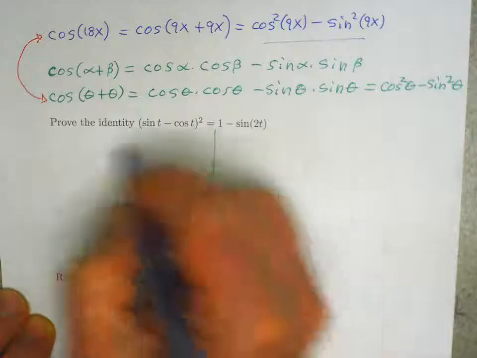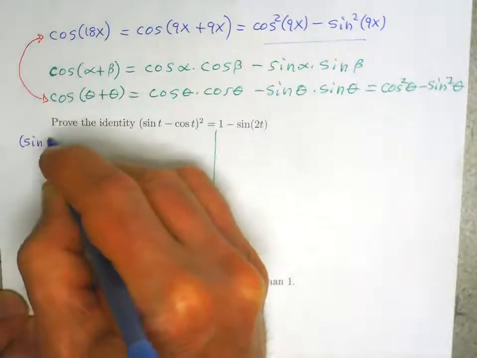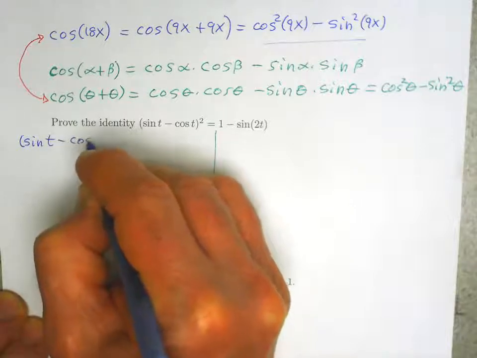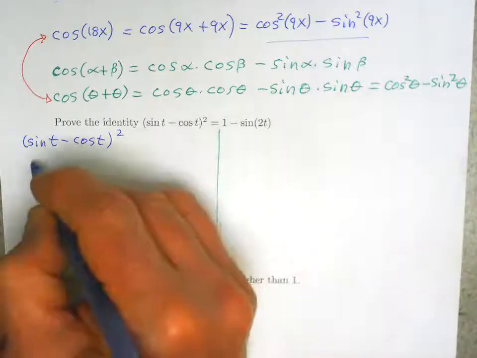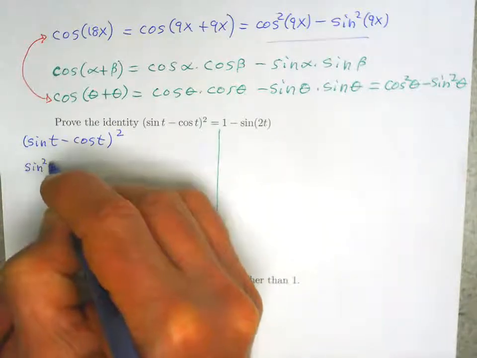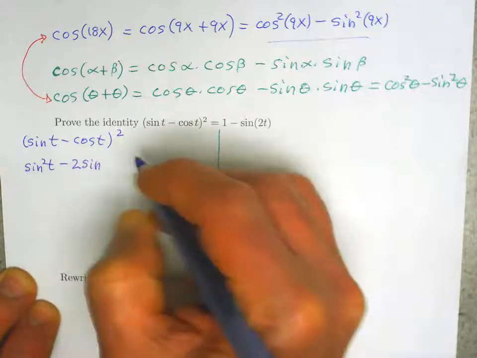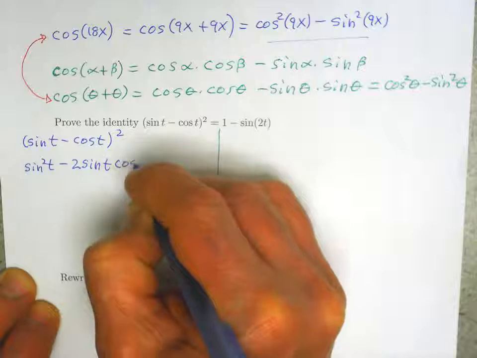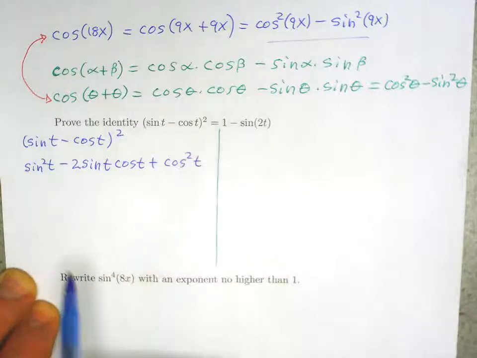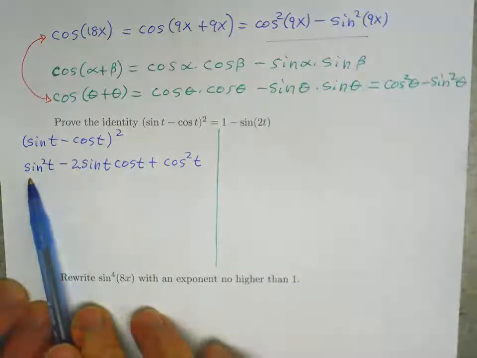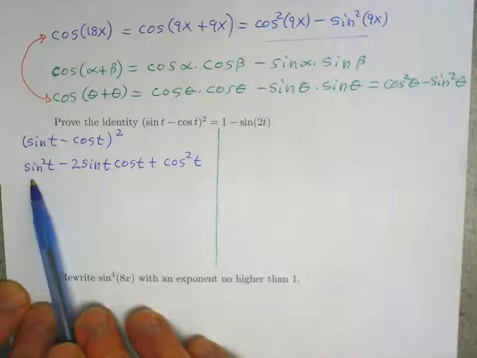So if we start with the left-hand side, sine of t minus cosine of t squared. So when we square that, we get sine of t squared minus 2 times sine of t times cosine of t plus cosine of t squared. So always be on the lookout for applying the Pythagorean identity.